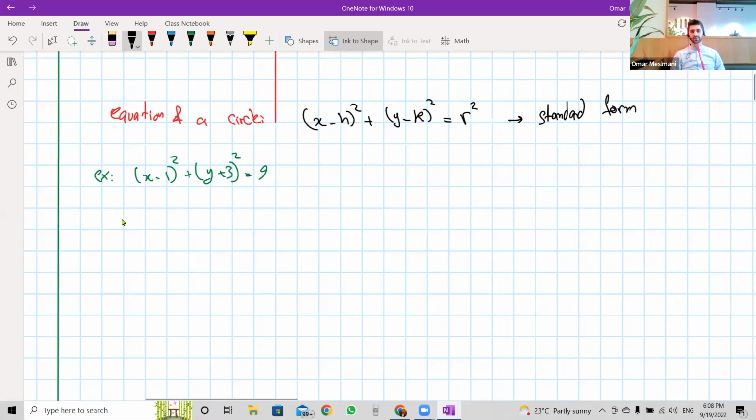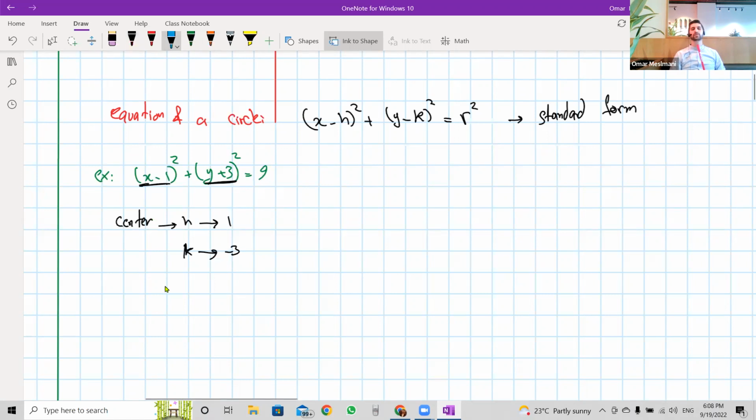How can I find the center? I need to find h and k. h is 1, obviously, and k is negative 3.